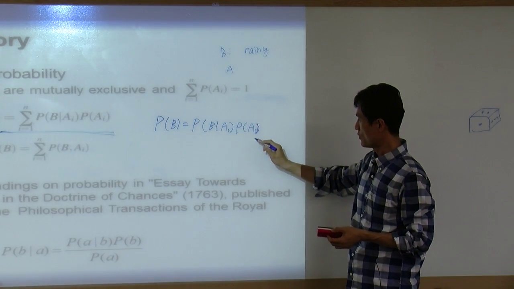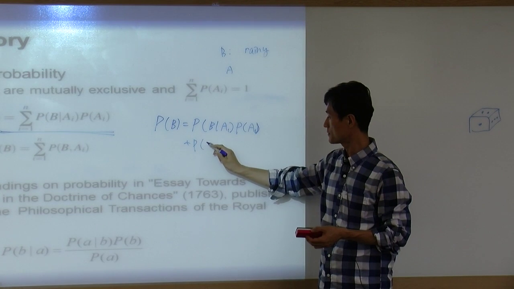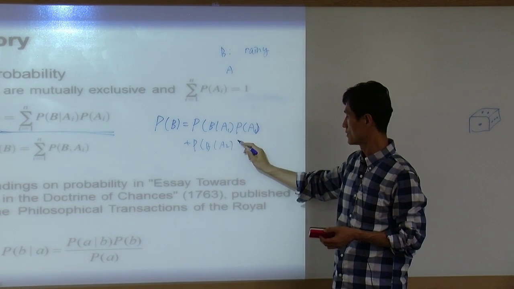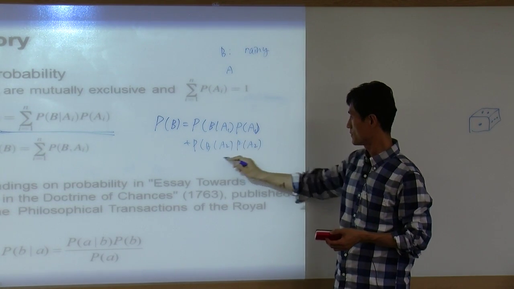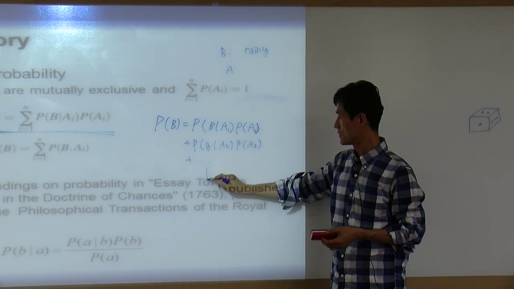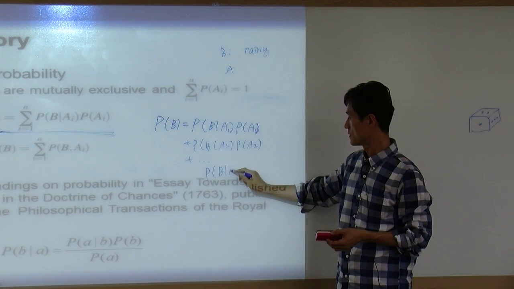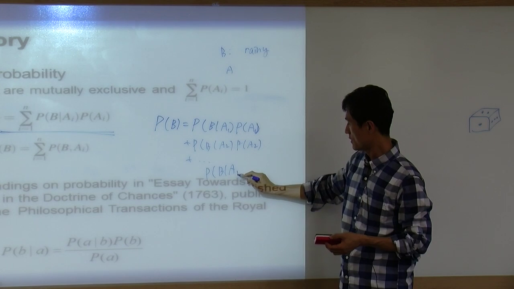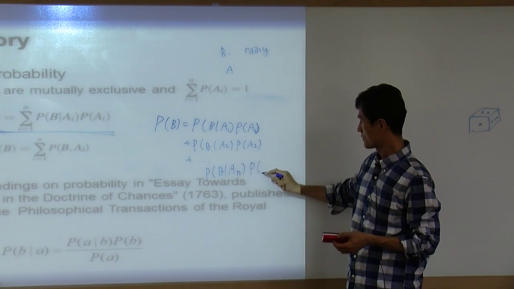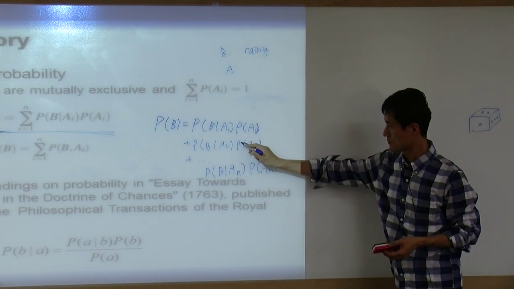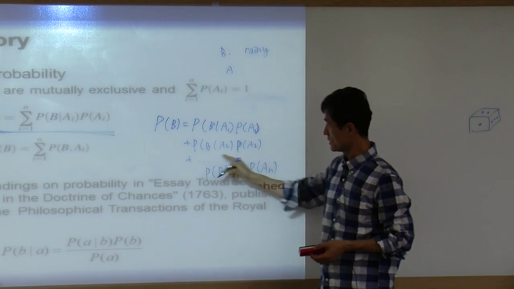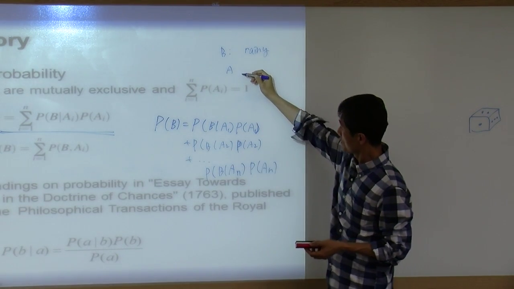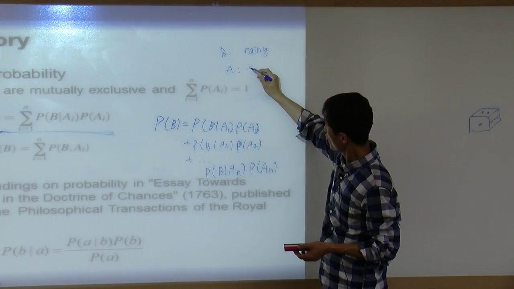So like this: A1 plus A2 plus AN. This is what you have here, right? So as an example, let's say A1 is sunny.